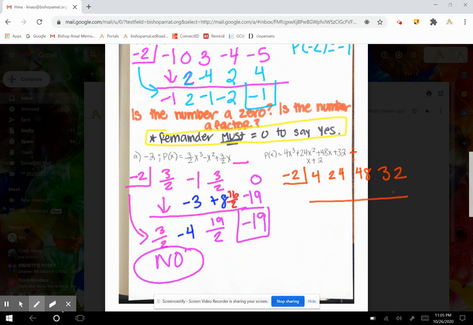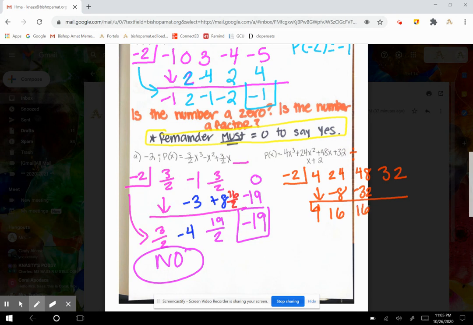So you're good. 4. Okay, so negative 8. So 24 minus 8 is 16. 16 times 2 is a negative 32. Okay, so 48 minus 32 is 16.